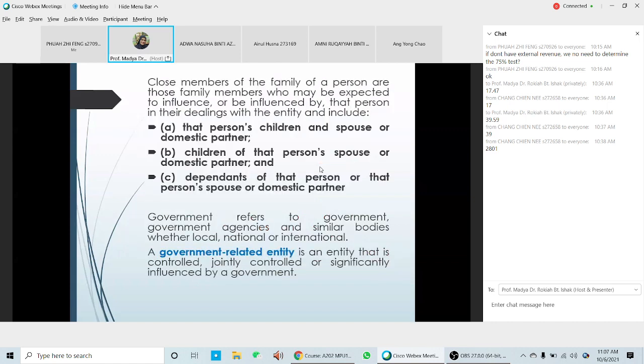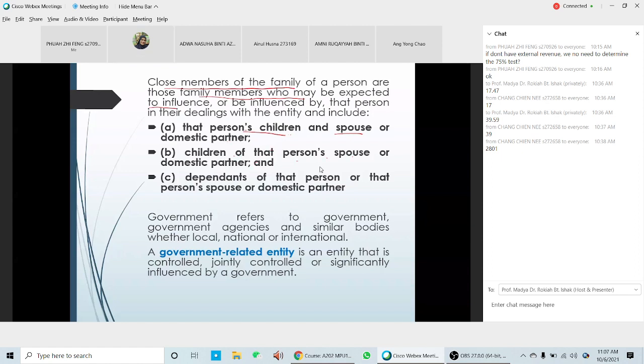And then who are their close members? Close family member, a close member of the family of a person, are those family members who may be expected to influence, or be influenced by, that person in their dealings with the entity, which includes the person's children and their spouse or domestic partner, children of the person's spouse or domestic partner.